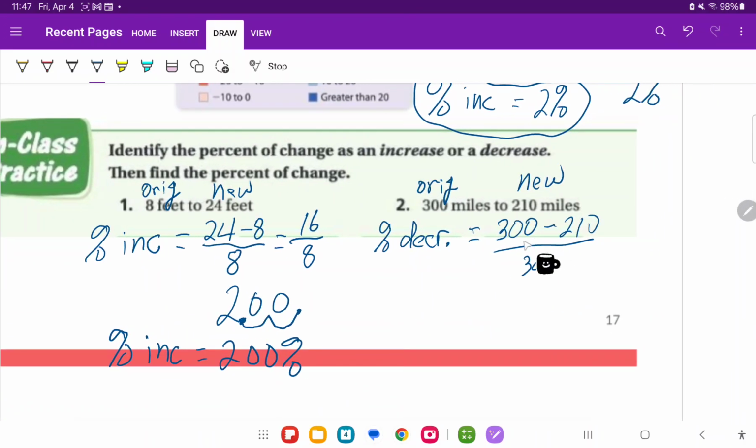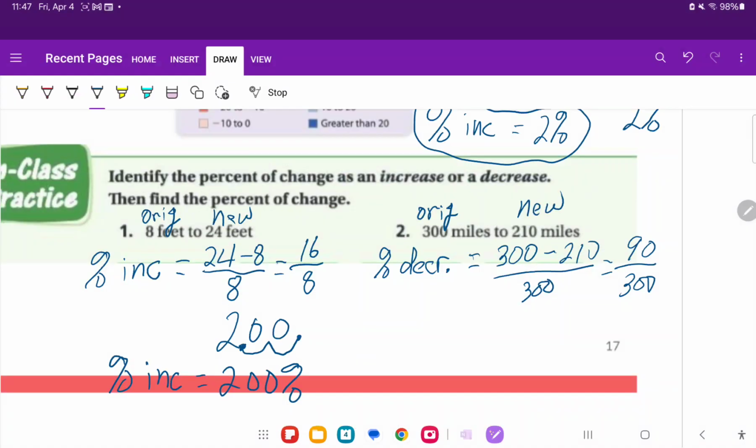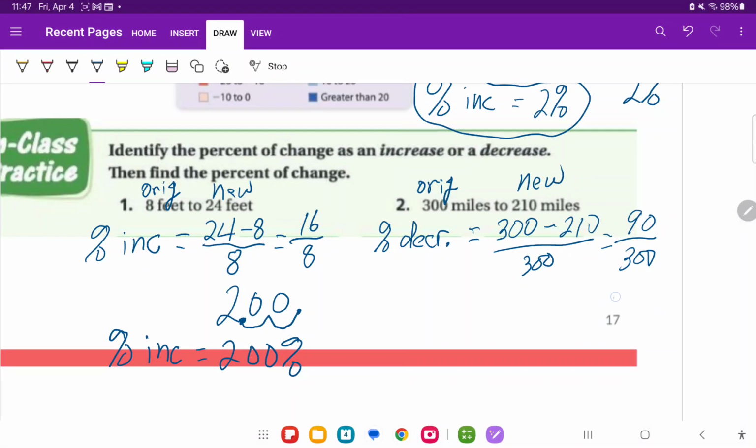Okay, so what is 300 minus 210? Well, that's going to be 90. So 90 divided by 300. That is going to be 0.3. So we want to change it to a percent.